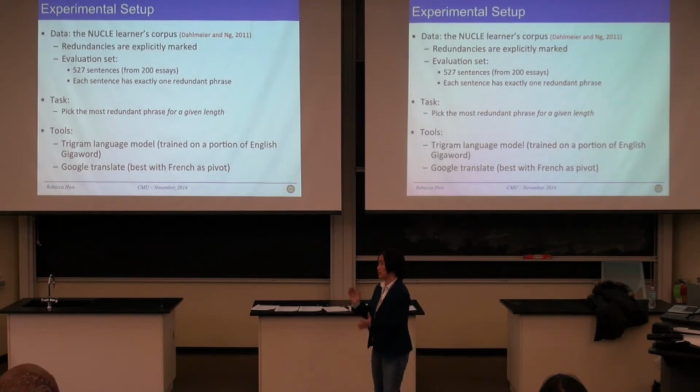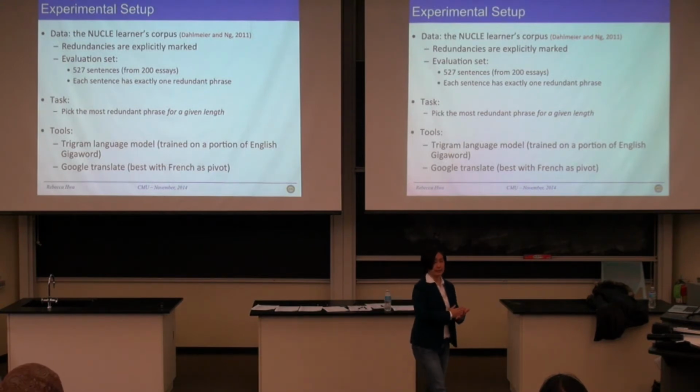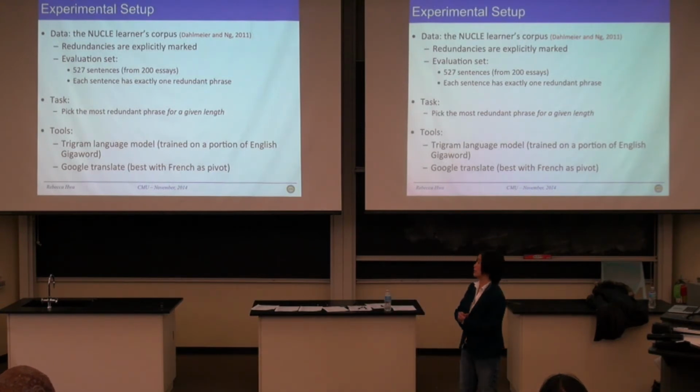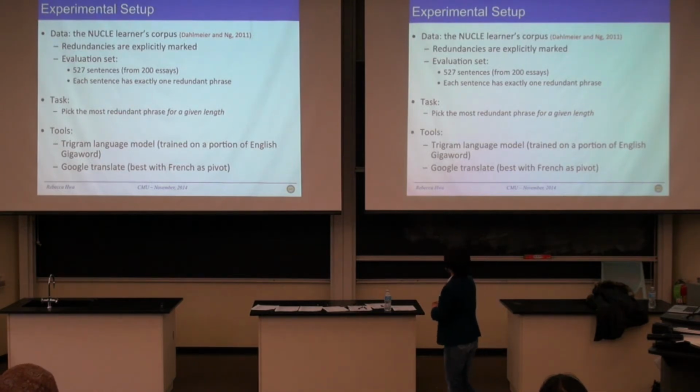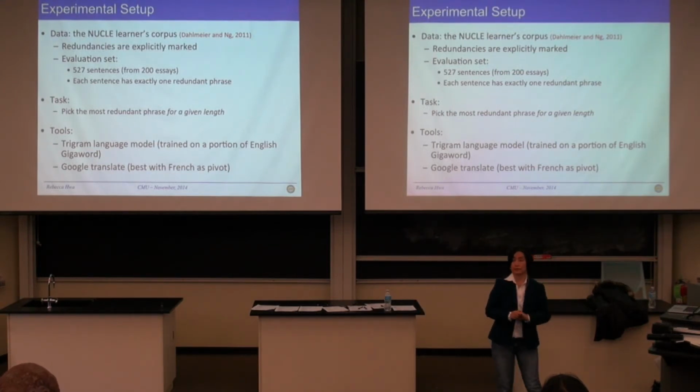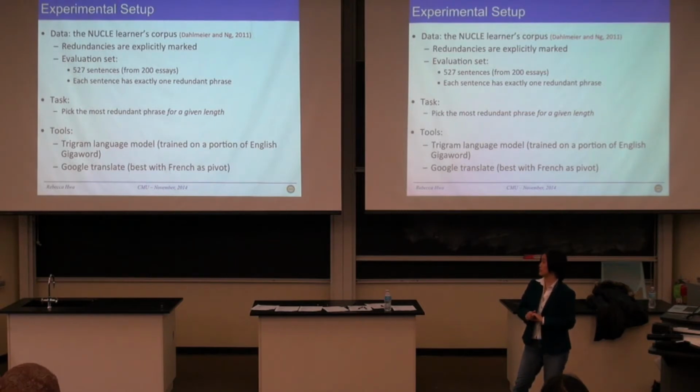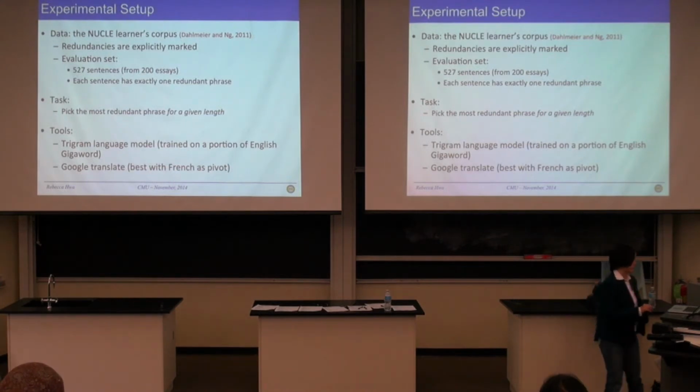So we'll tell the system, you are looking for a redundant phrase 3 words long. Run the measure, find what phrase has the highest redundancy score. Okay. The tools that we use include a trigram model trained on Gigaword, and we translate specifically using French as our pivot, which gave the best results. We've tried a bunch of them, so if you're interested, I can show you the comparison graph later.